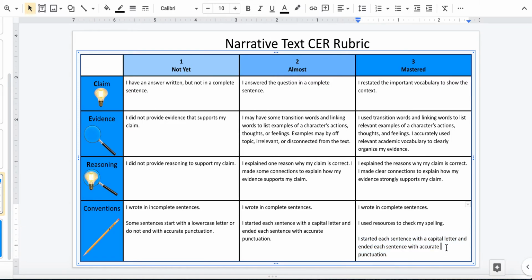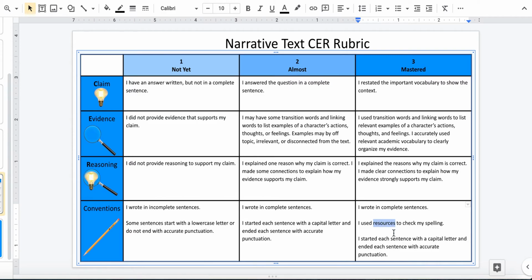So in order to successfully write a CER, we need to be mindful of our conventions. That's because the conventions help our ideas become clear. If our conventions are not strong, then we won't be able to express our ideas clearly. So we need to write complete sentences, check spelling of words that we see around us.